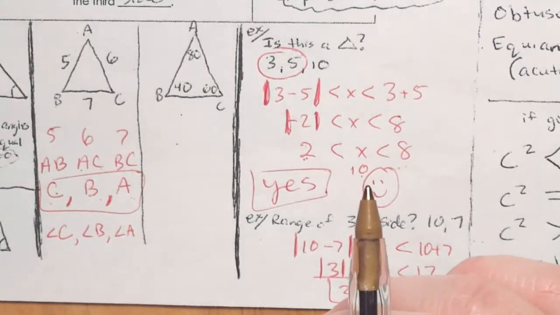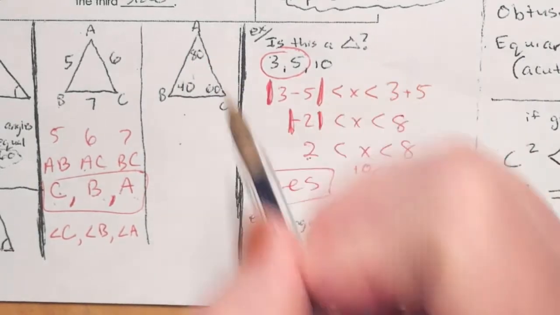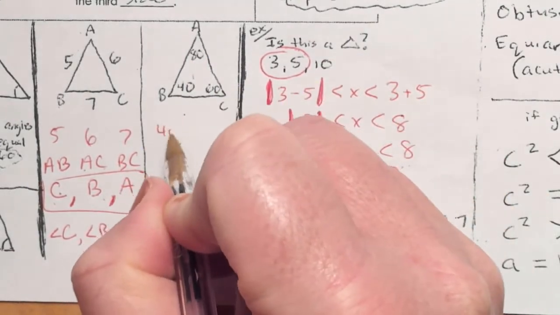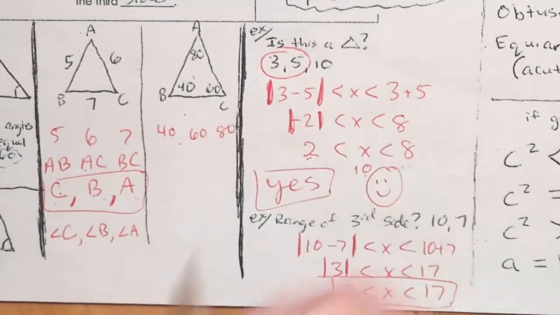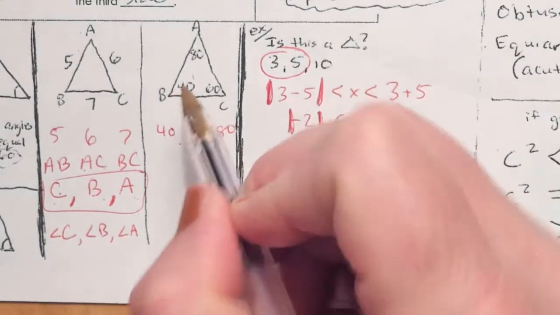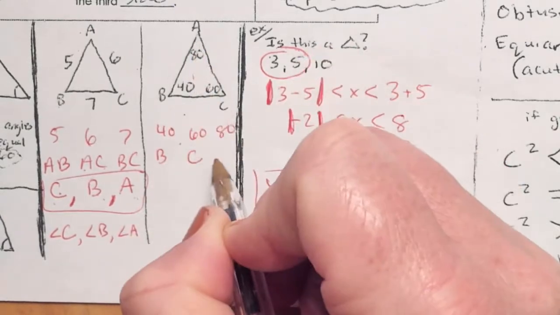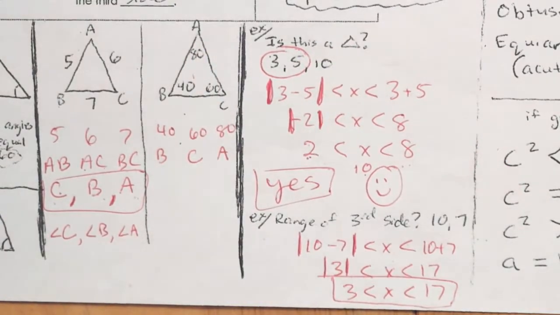Okay, over here, same idea. So the reverse idea is what if they give me angles instead? So put the numbers from least to greatest. So 40, 60, 80. Now what did those go with? 40 went with the letter B. 60 went with the letter C, and 80 went with the letter A. And now you just have to give me the missing.